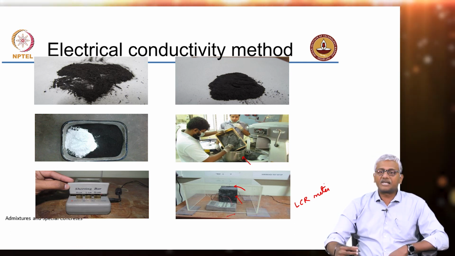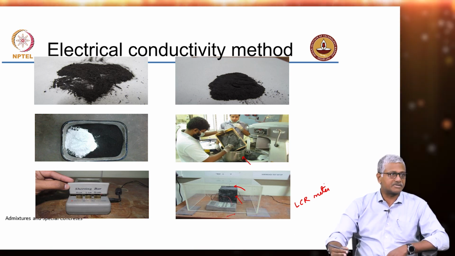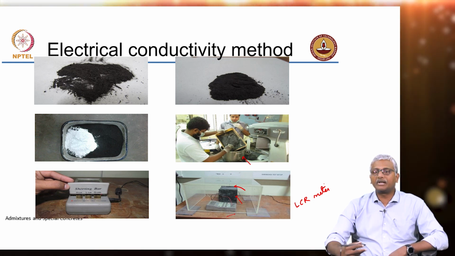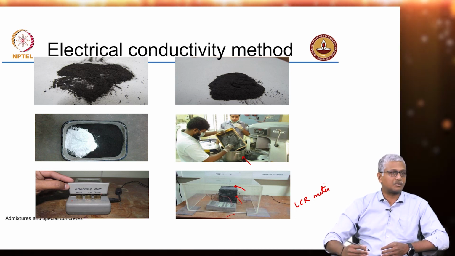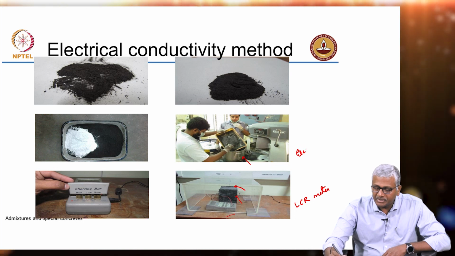Okay. Now, LCR meter, as the name implies, L for inductance, C for capacitance, R for resistance. Okay. What it does is it applies an alternating current, but here only at a fixed frequency, not across a range of frequencies. You can do the same with an electrochemical impedance setup.